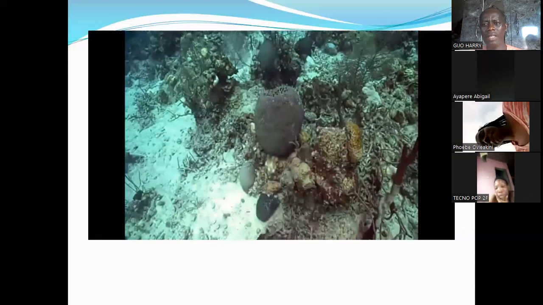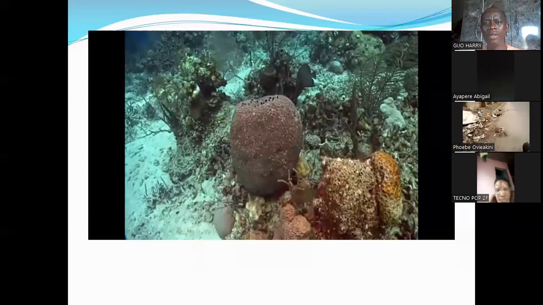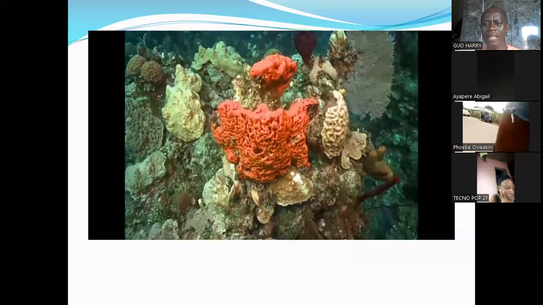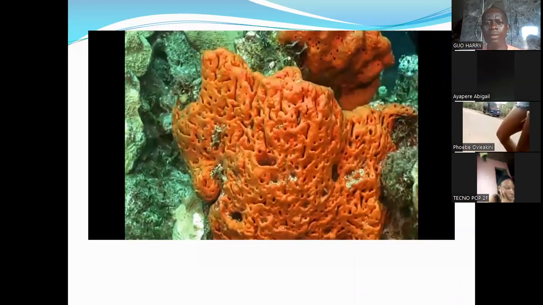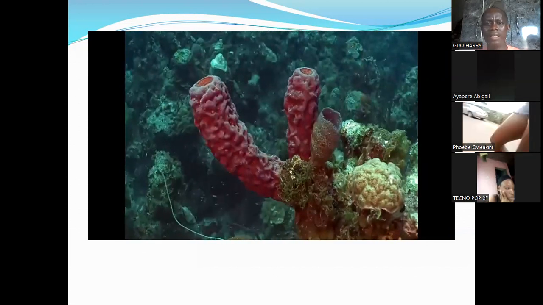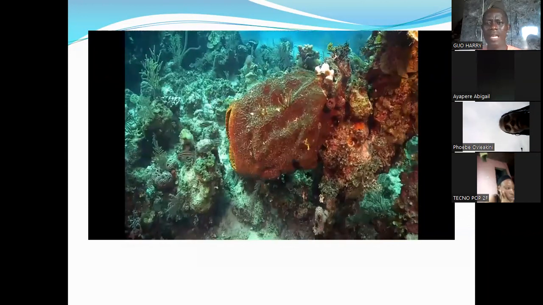And we have seen this video earlier of the various shapes and structures of sponges. They are found attached to the substratum in the benthic region. There are various shapes and sizes, and usually they look like plants.